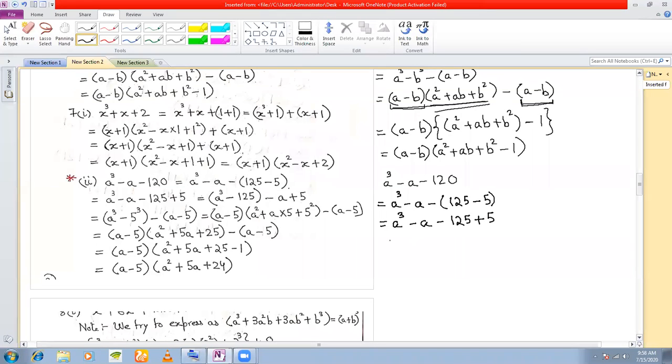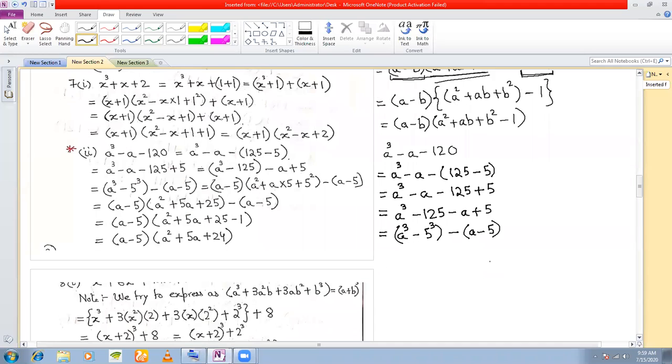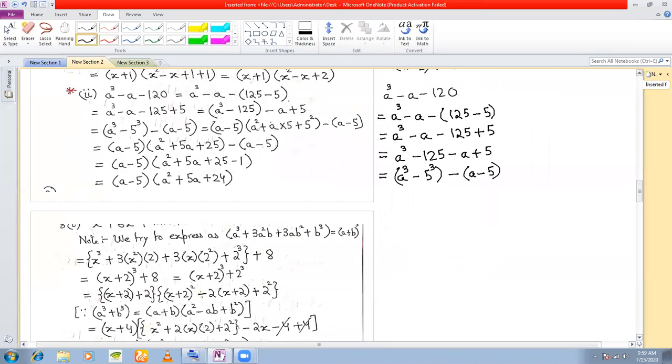Now we'll group the terms. We group the first and the third because a cube and 125 both are perfect cubes. And minus a plus 5 I write together. Now a cube minus 5 cube within brackets, and grouping now, minus, if I introduce brackets here, I get a minus 5. Now this becomes easier.